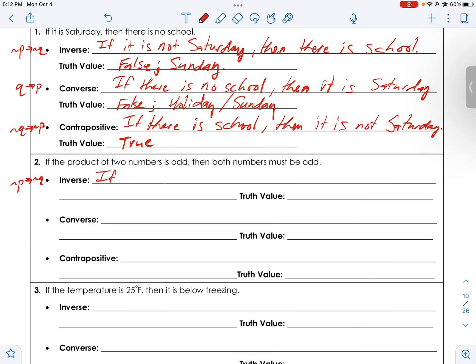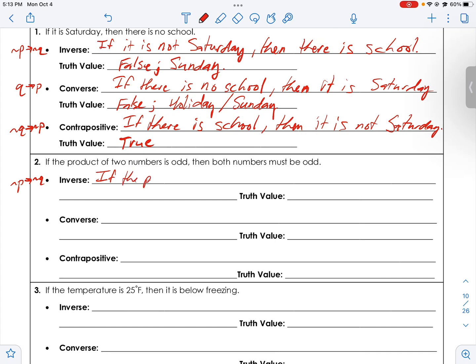So if the product of two numbers is not odd, or we could call it, what's the thing of not odd? If it's not odd, then it's even.